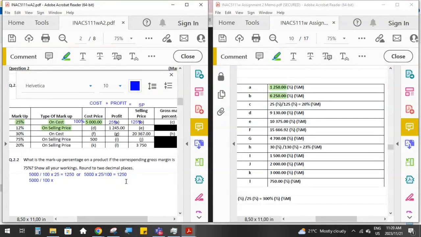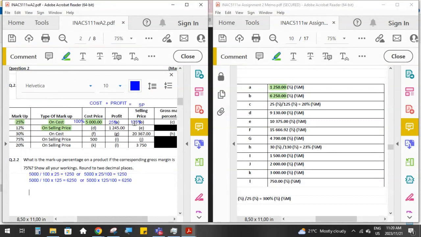And then because we want to work out the selling price, we multiply by 125, for 125%. And when we do that, we will get 6250. Or you could have said 5,000 multiplied by 125 over 100, and that will give you 6250.